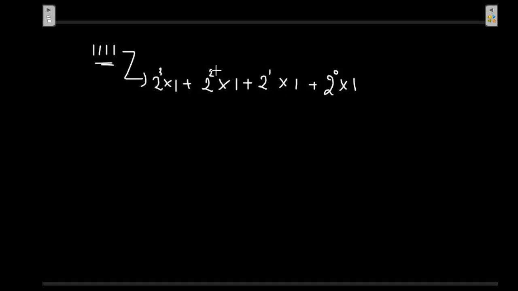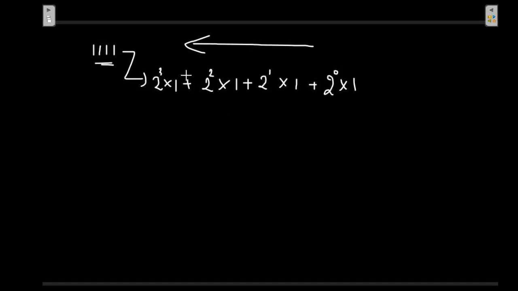So you can see a pattern over here. We will write the digits of the binary number here, and we will multiply each by 2, and we'll start by raising the power of 2 from 0 to whichever digits it goes. For example, we have 4 digits over here, so we will go over 4 times.